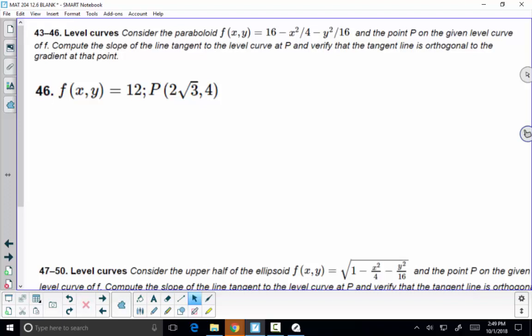You guys are killing me. Is it stacked? What are the slides? Is it like 16 minus x squared over 4 minus y squared over 16? Yeah, those are stacked. It just looks odd, really weird. That could easily be 16 minus x squared over the quantity 4 minus y squared. Technically not.